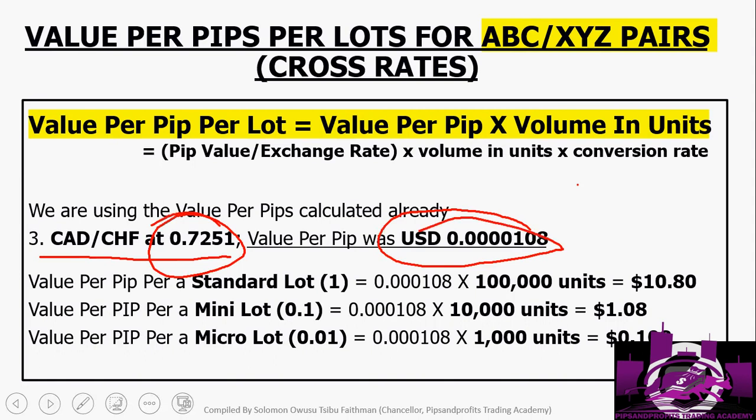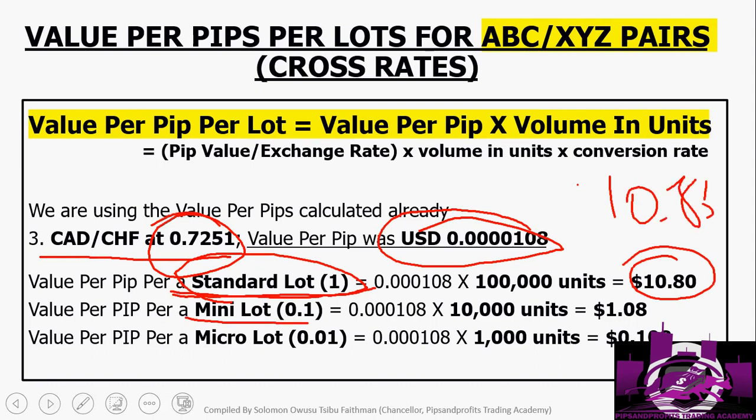So for standard lot, if I trade 1 standard lot, my profit is going to be 10.8 for a 1 pip move. If I'm trading the mini lot, that is 0.1, I'm going to have 1.08 as my profit if it moves 1 pip. If I'm trading micro lot, I'm going to have 0.10 as my profit. This is a cross rate.